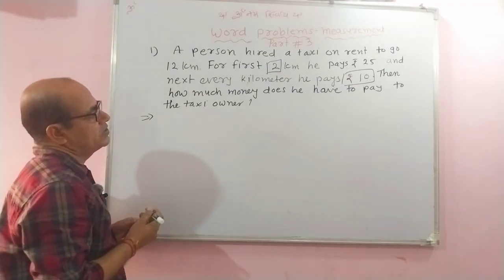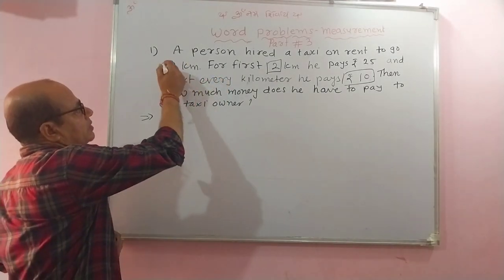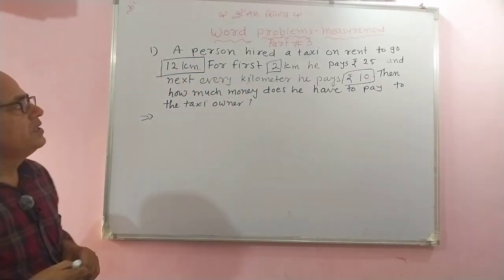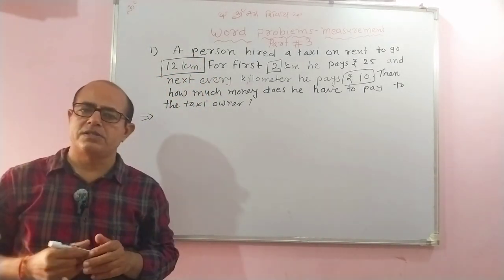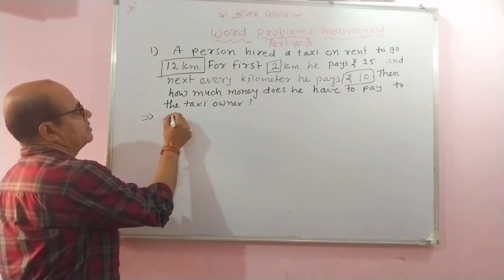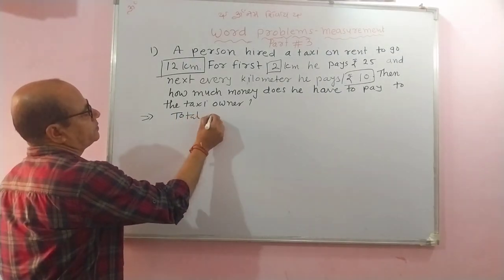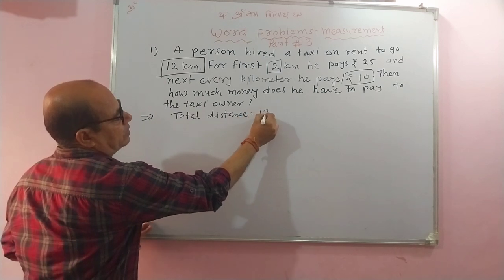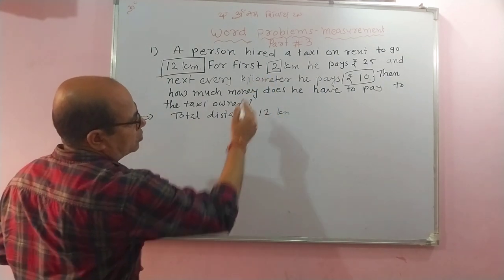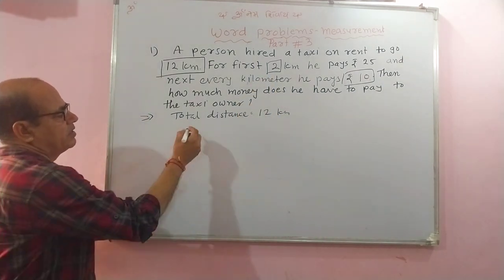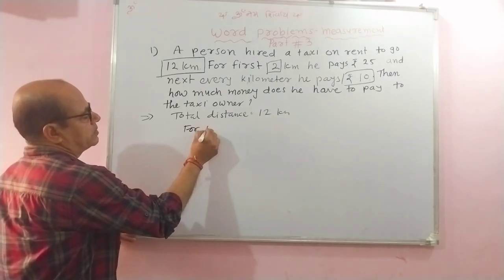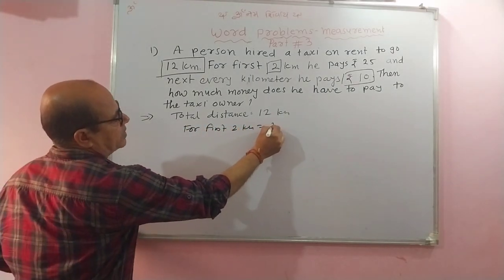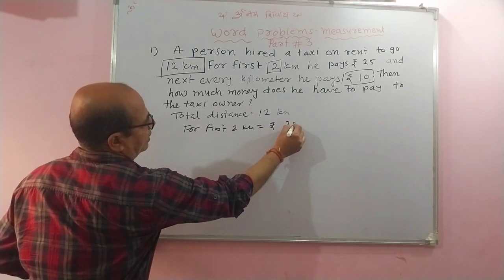So what is the question first of all? How much distance in total does he have to cover? He wants to cover 12 kilometers, so the total distance is 12 kilometers. For the first 2 kilometers he is paying rupees 25.